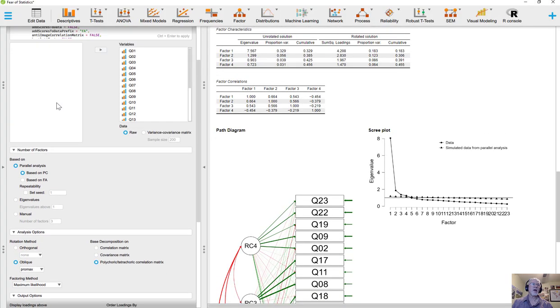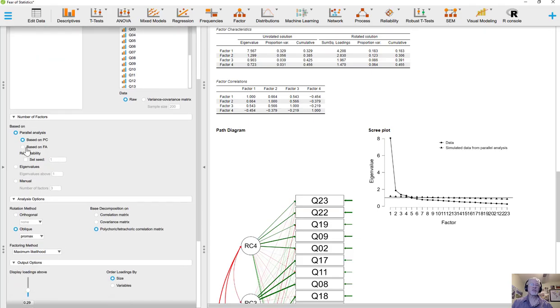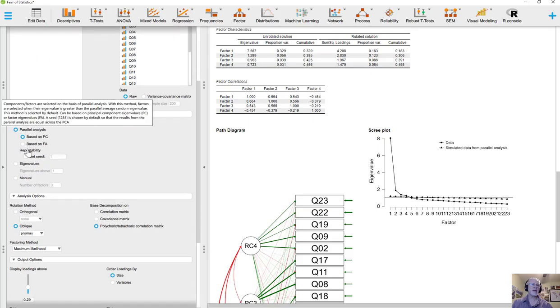Okay, up over here, we chose the number of factors based upon this parallel analysis. What is that parallel analysis? Here it's showing you a scree plot, which is a plot of how much variance the items are accounting for via their eigenvalues.